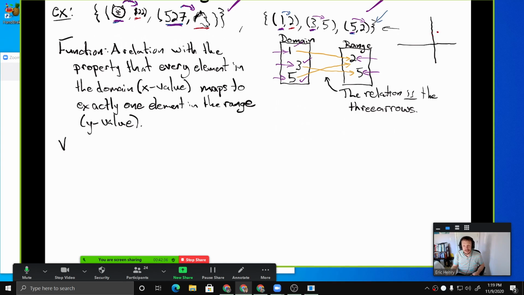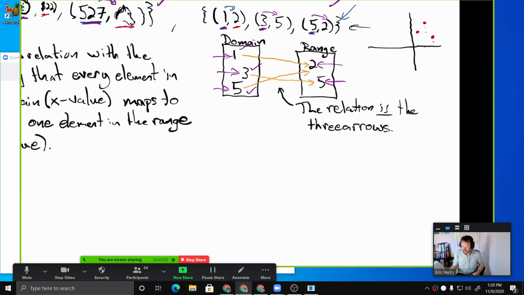We already know the answer, it is a function, so we're just thinking why, basically. So if I go to 3, 1, 2, 3, that first point was 1, 2, then 3, 5, and now 5, 2. So I've got those 3 points.